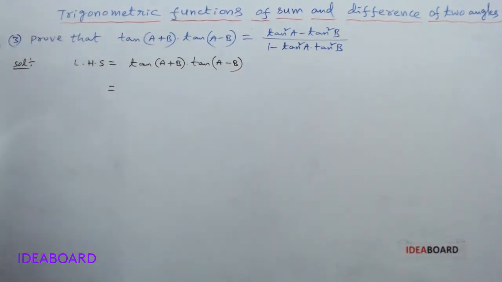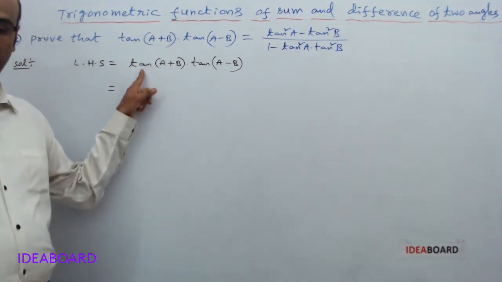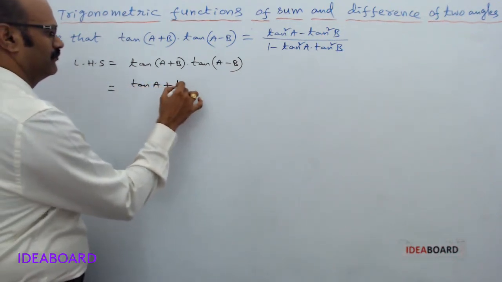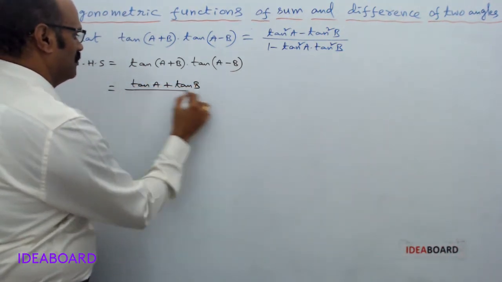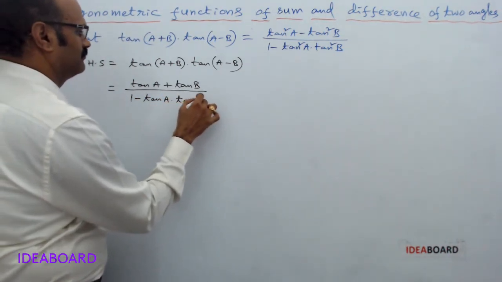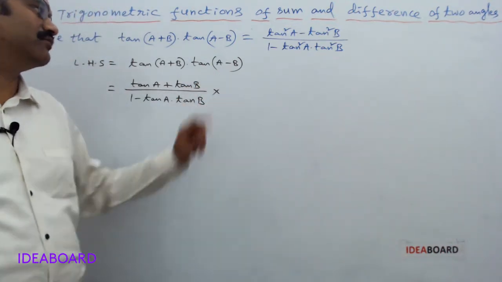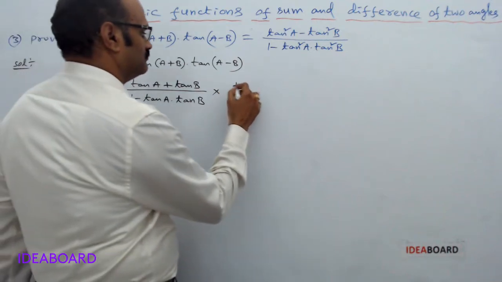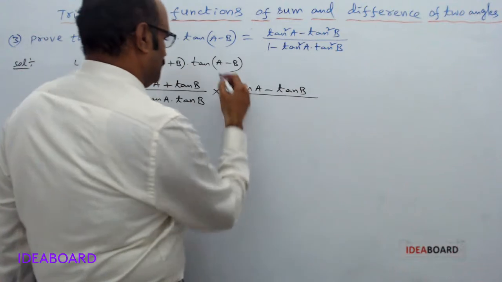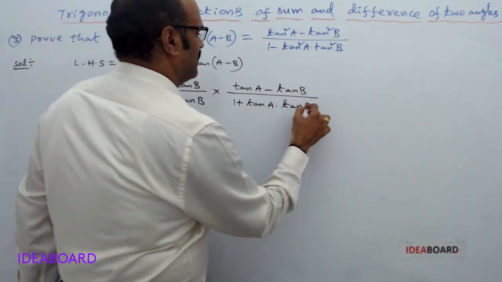The formula for tan of a plus b is tan a plus tan b by 1 minus tan a into tan b, into tan of a minus b equals tan a minus tan b by 1 plus tan a into tan b.